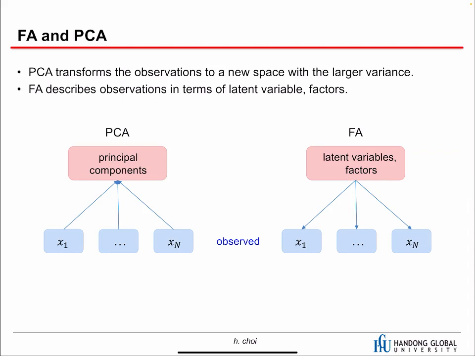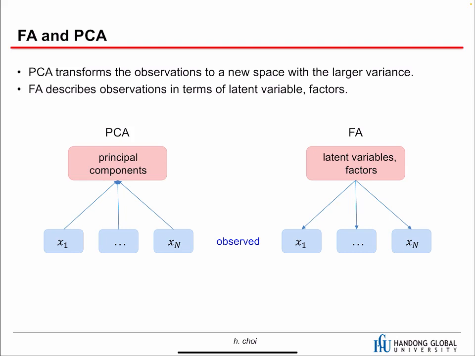If we compare PCA and FA, they are basically doing the same things, but they have different interpretations. PCA transforms the observations to a new space with a large variance. That's what PCA does. And FA describes observations in terms of latent variable factors.